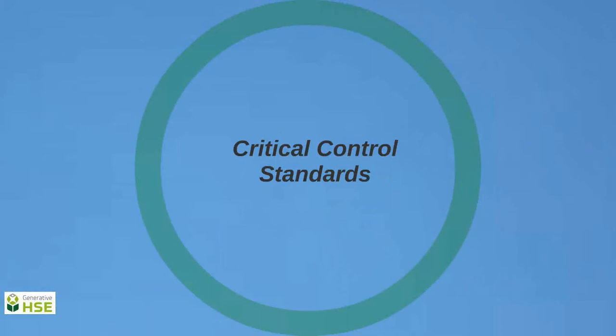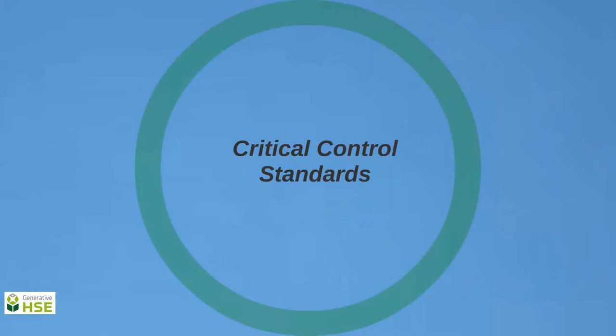As we just looked at, frontline personnel are accountable to assess whether a task is critical and what critical controls are required and in place prior to commencing their task, and their supervisors are accountable to ensure that that is in fact happening. The next layer is critical control standards, and the responsibility for those usually falls on the superintendent or equivalent for the design, implementation and auditing of these critical control standards.